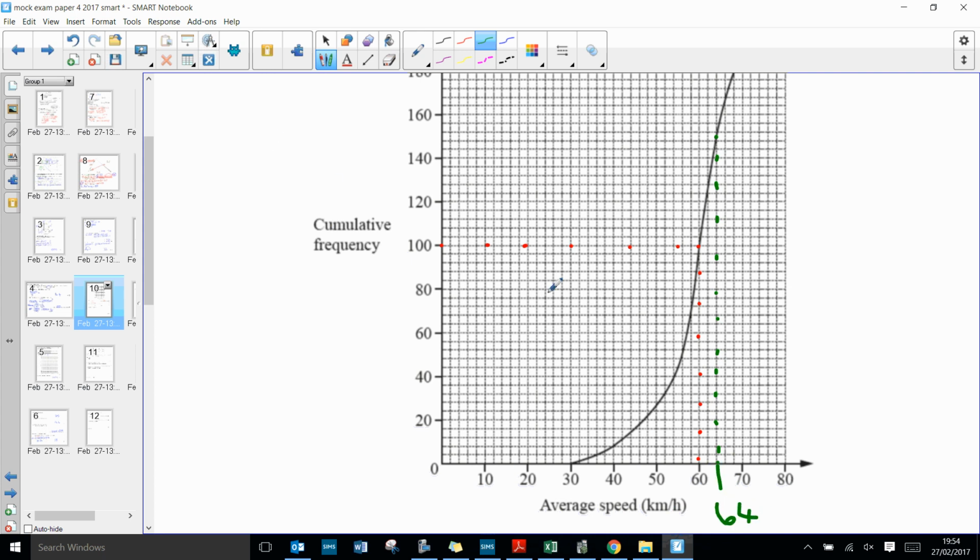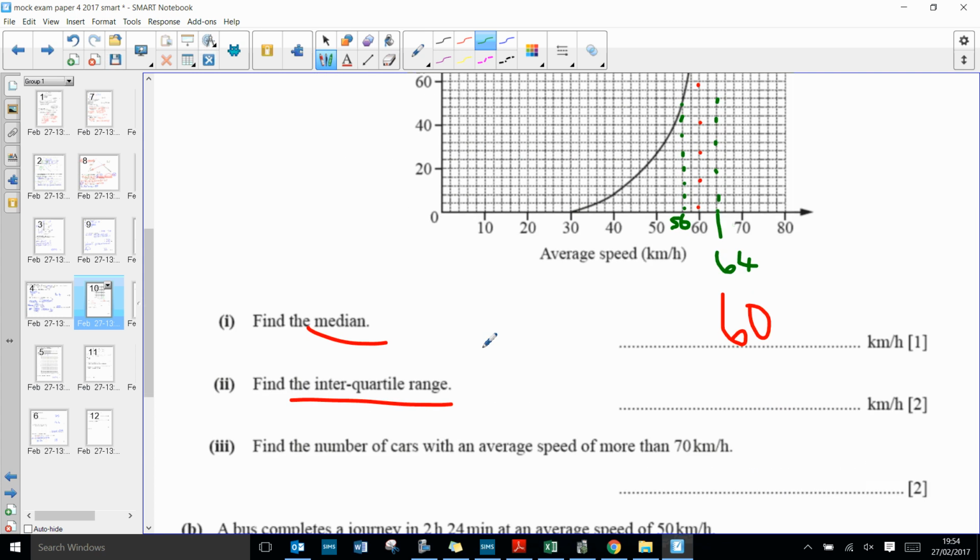And also we would look at 50, which is here, which is 2, 4, 6, 56. Okay, so if they are our 2 values, we would do 64 subtract 56, which is 8.